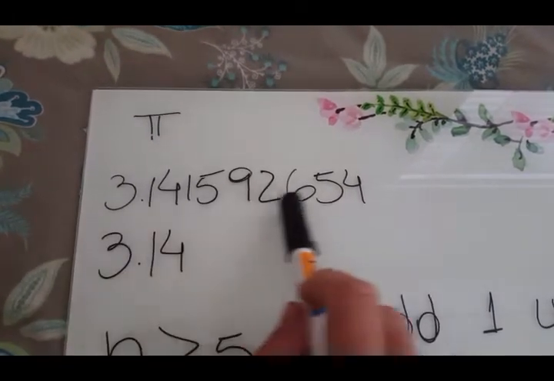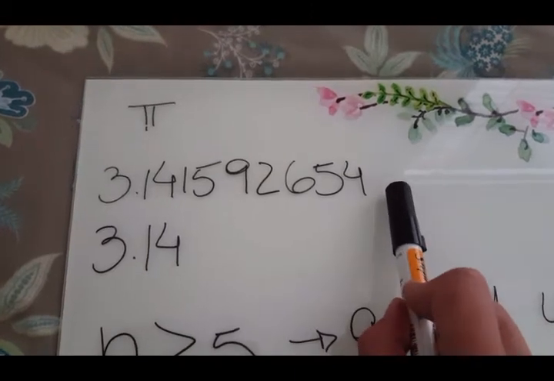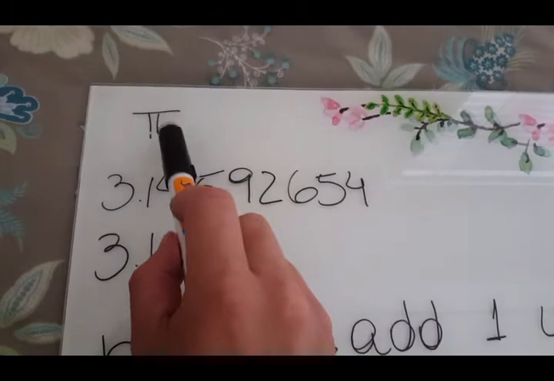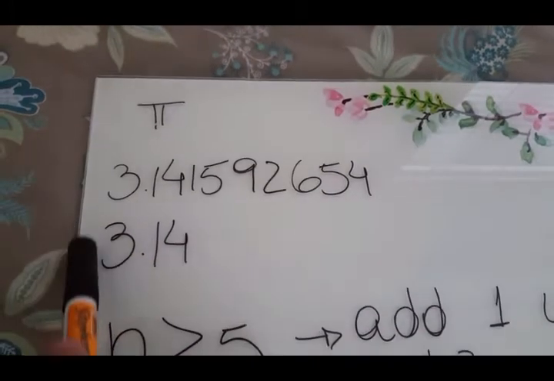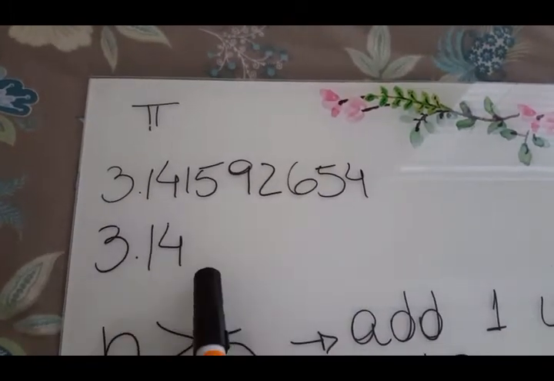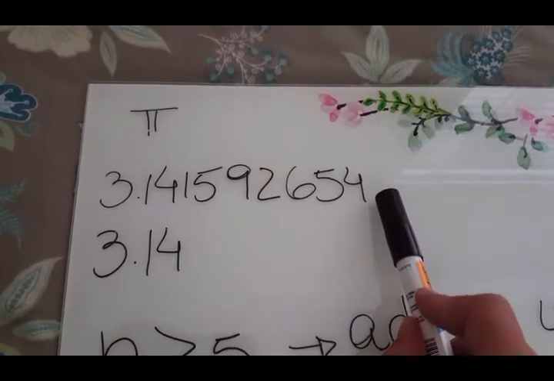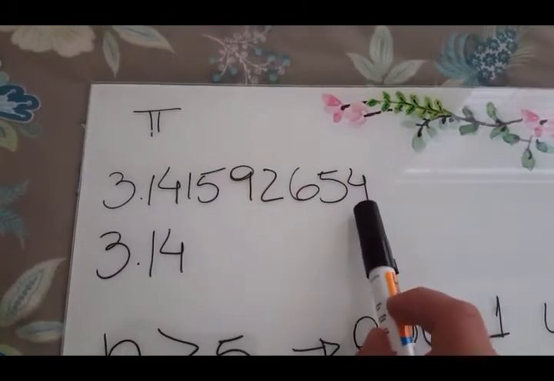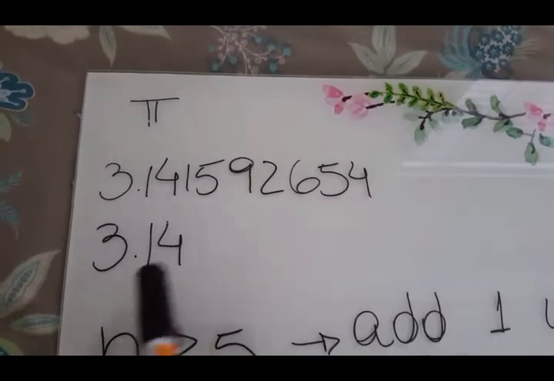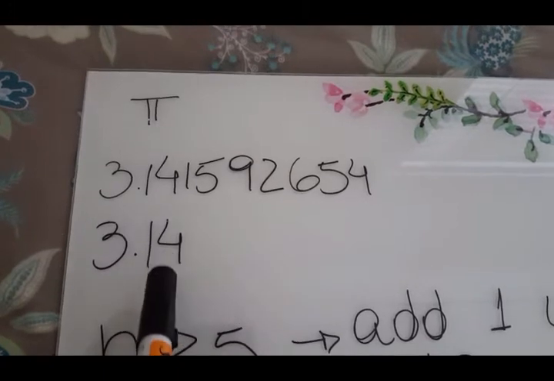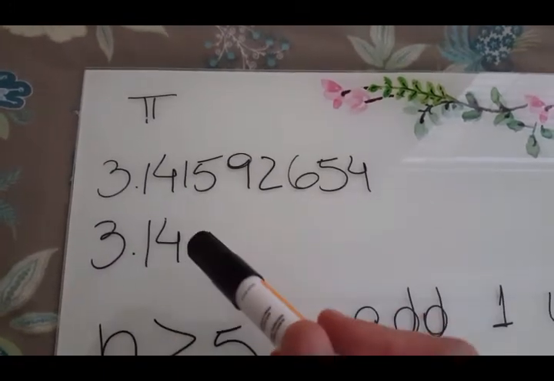The long number gives me more precision, more information about the value of pi. The smaller number doesn't give me as much information as the long one. So I can say that rounding makes the number less accurate.